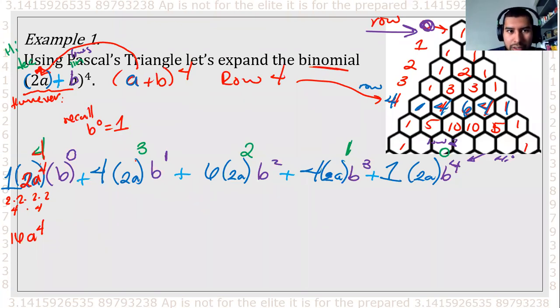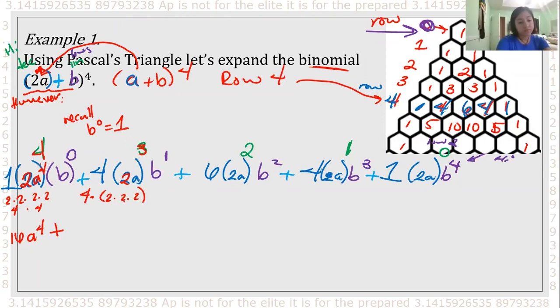Any questions so far? No? Okay. So let's go ahead and continue. This is 4 times 2 to the 3rd. So that's 4 times 2 times 2 times 2. So that is the same thing as saying 4 times 4, right? Because 2 times 2 is 4 times 2. So that is 8 times 2.